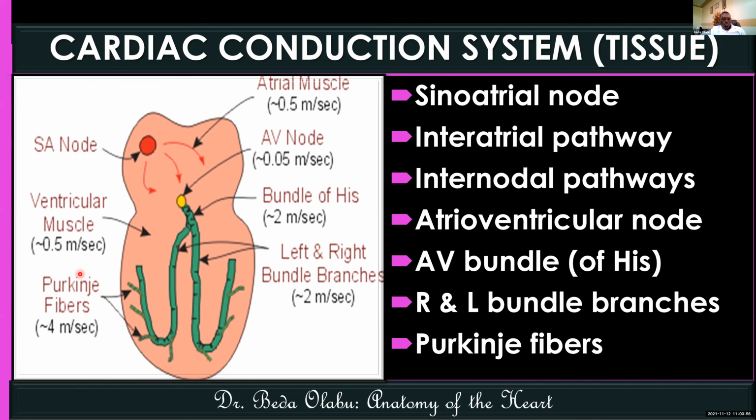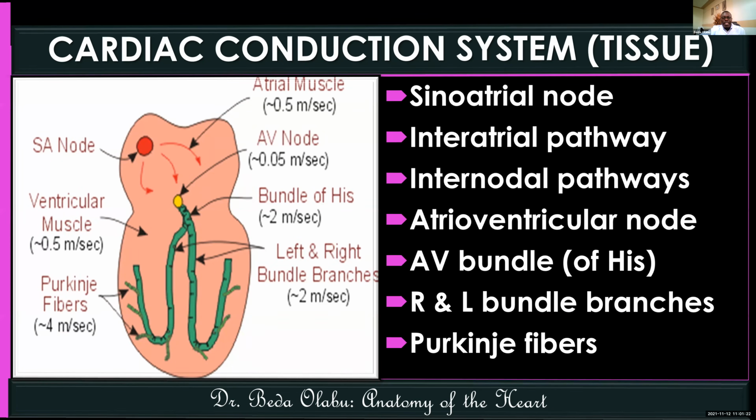Compare that with the Purkinje fibers, which are the fastest, 4 meters per second. Very fast. I don't want you to remember the 4 or the 0.05 meters, but I want you to remember that Purkinje is fastest, and the AV node slowest.